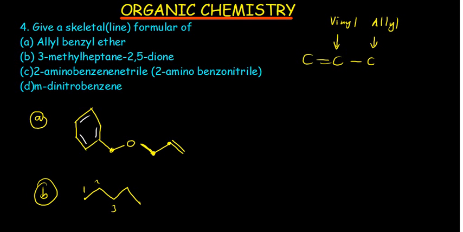So that's where we're going to have a methyl. There's a methyl here. And then at position number 2 and position number 5, we have ketone functional groups. That's why the ending is -one. So position number 2 is here, a ketone, and position number 5 is there. 1, 2, 3, 4. That's position number 4. Position number 5 is here.